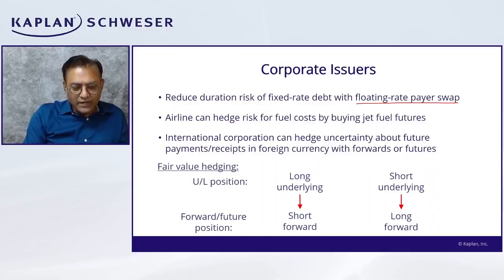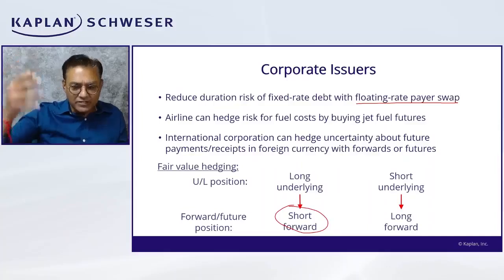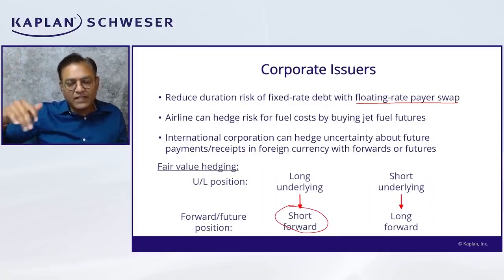If you're long an underlying, meaning it's an asset, say for example the company has an investment in a specific stock, and they're concerned about the value of that investment decreasing, one thing they can do is to simply enter into a short forward position. A short forward allows you to lock in a selling price at a future point in time. If the price does drop, you have an exit price locked in ahead of time, and you're not going to have that much of a loss. So that is fair value hedging, locking in a selling price in the future.